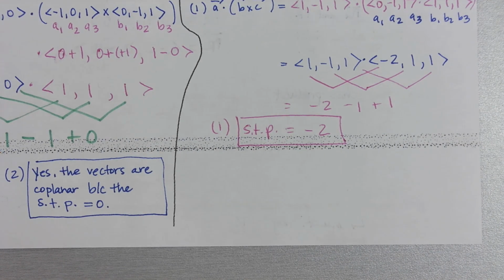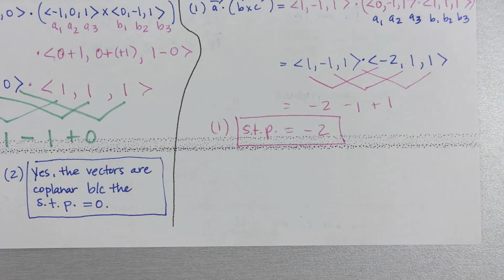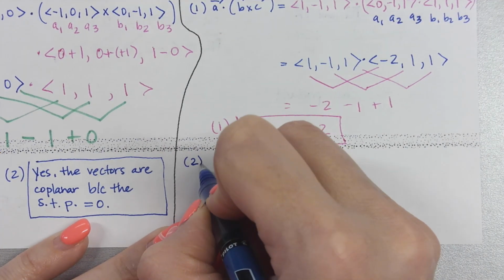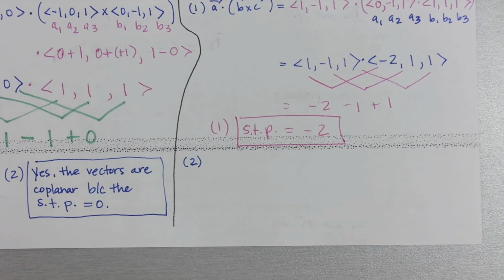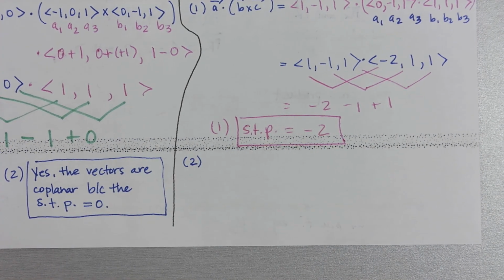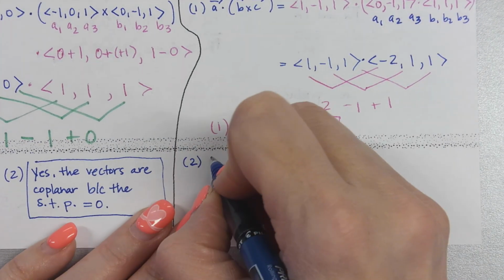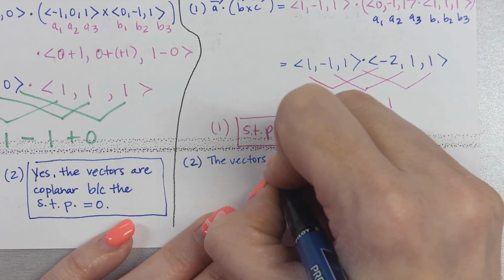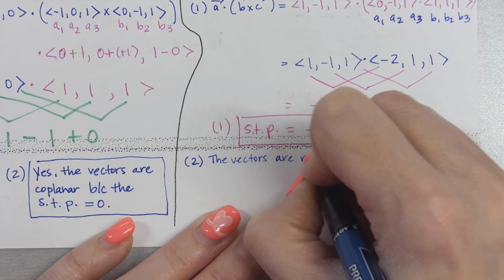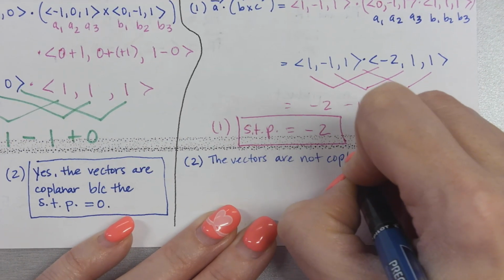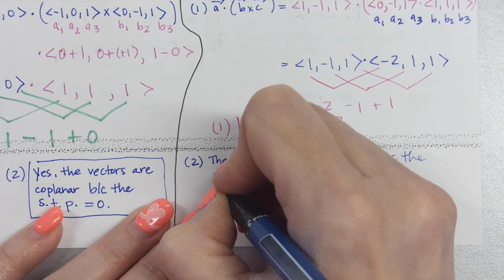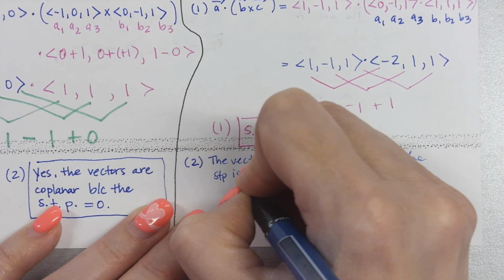For step 2, you are going to find the magnitude, because the vectors are not coplanar, because it does not equal 0. The vectors are not coplanar because the STP is non-zero.